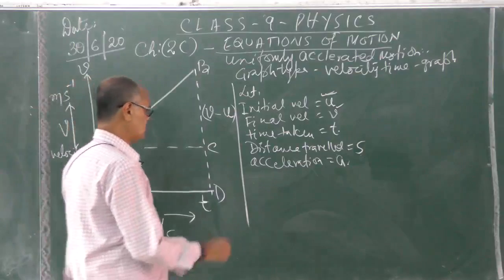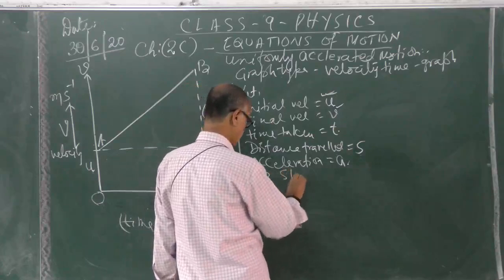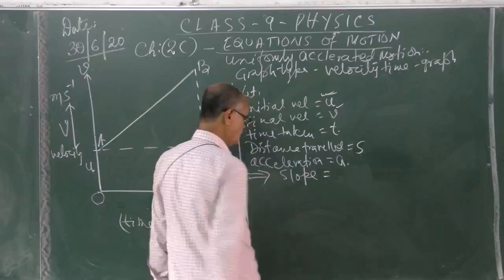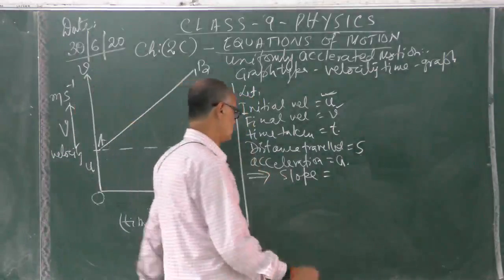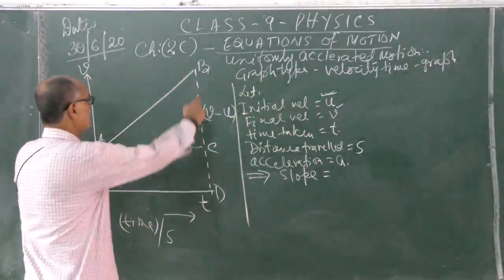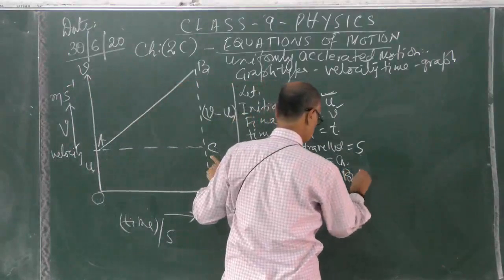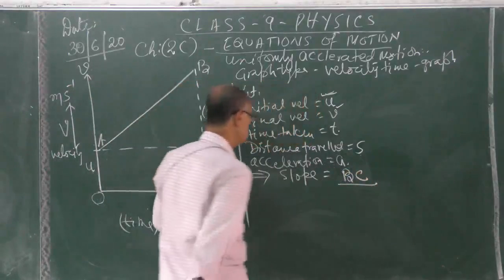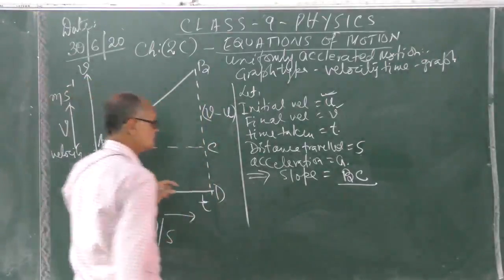The slope of the graph, we know, should be ordinate by abscissa, the same terms we are using. So what is the ordinate value here? The slope we can find from B to C, divided by the abscissa value AC.